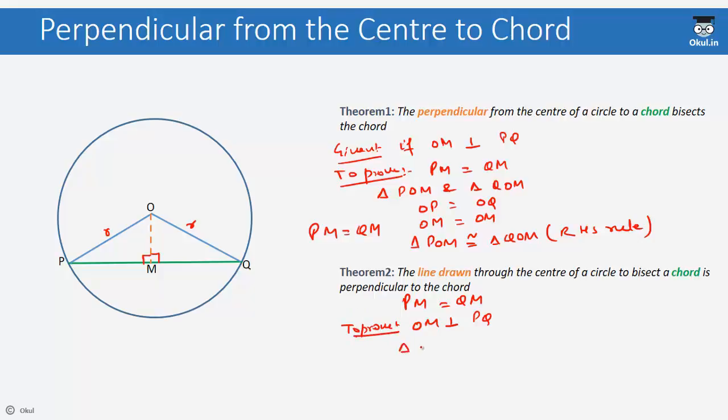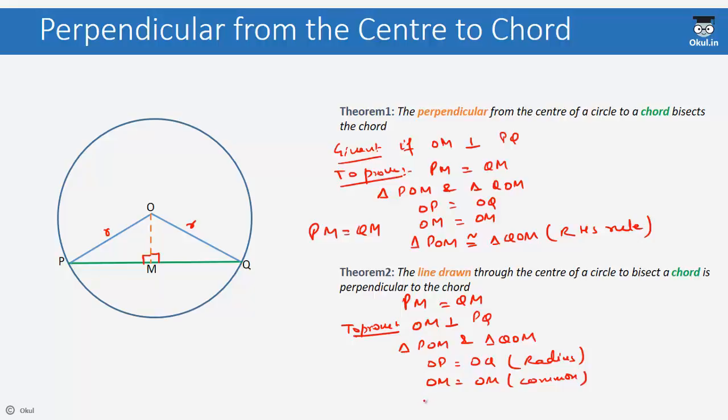So let me take the similar triangles, that is triangle POM and triangle QOM. OP is equal to OQ being the radius of the circle. Then OM is equal to OM being the common side.